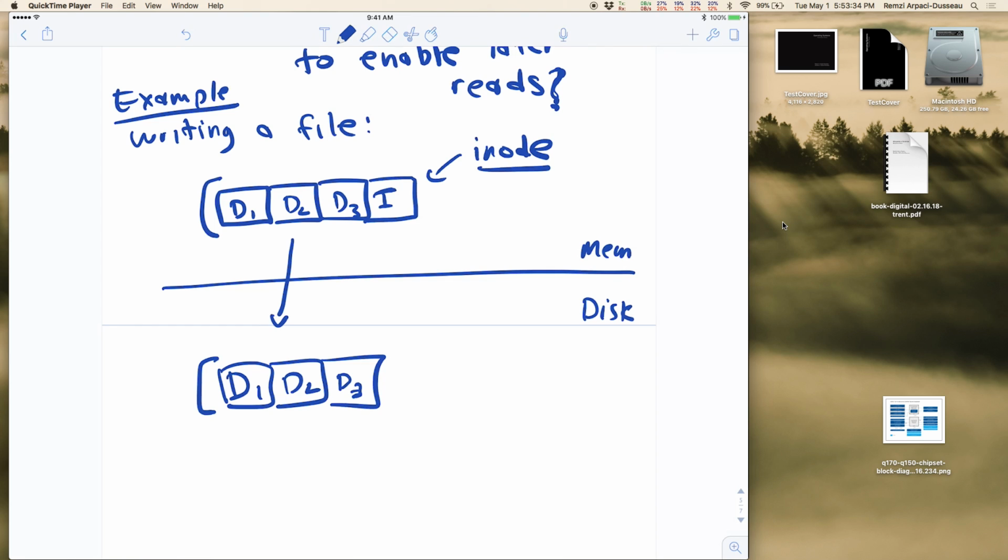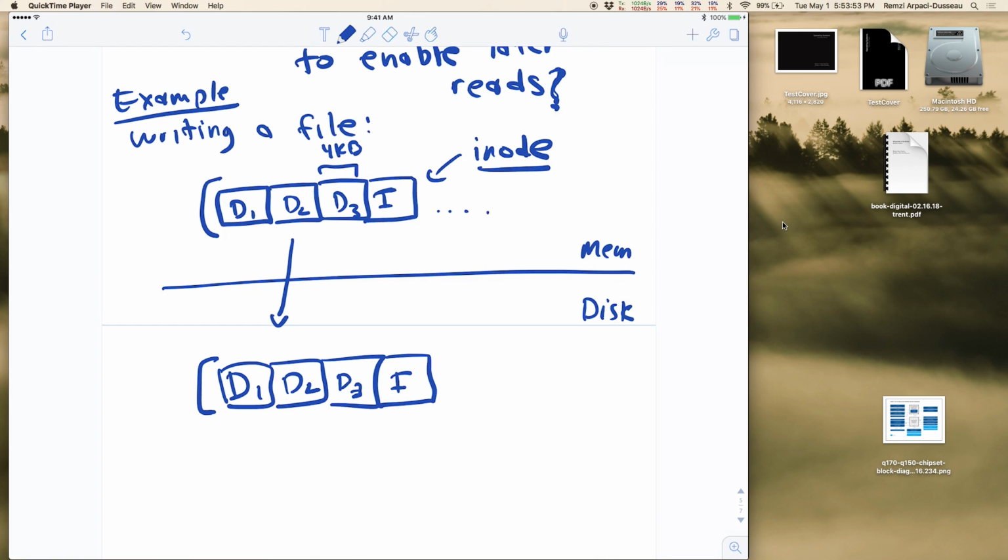An inode might be 128, 256 bytes. Data blocks are typically 4K. And of course, we would buffer many more of these, but I'm not going to draw 4 megabytes of data blocks.